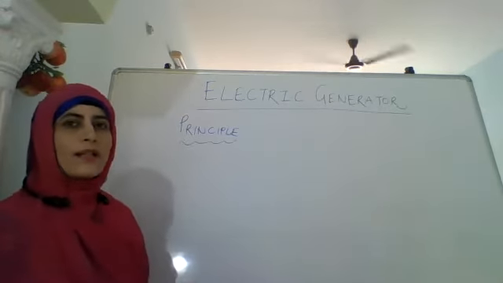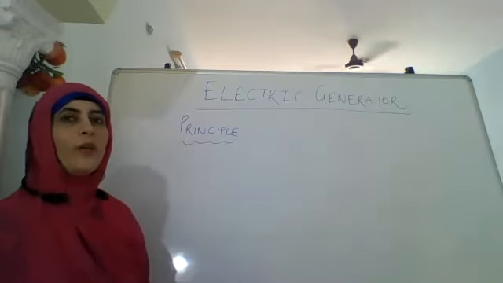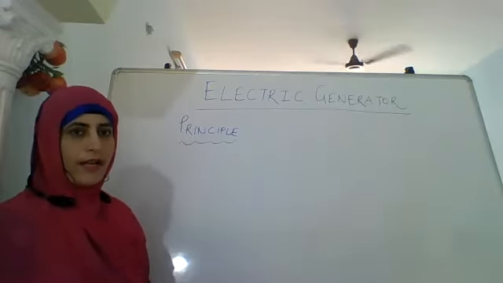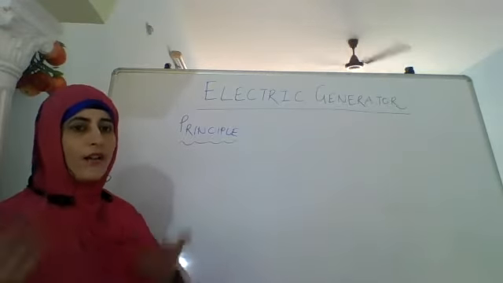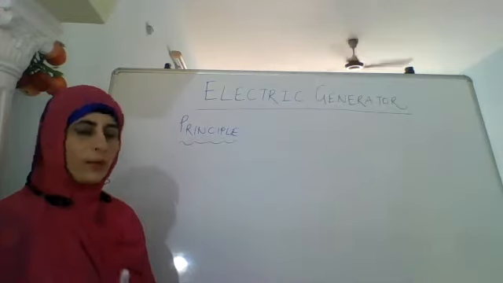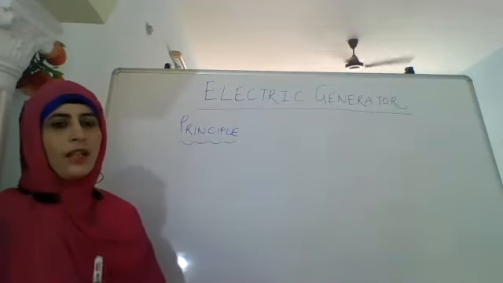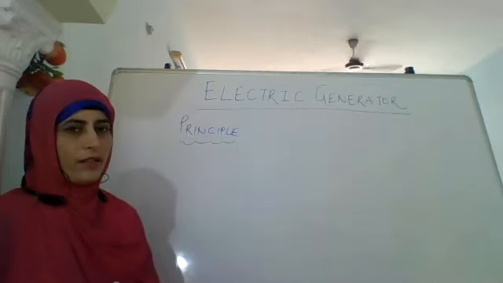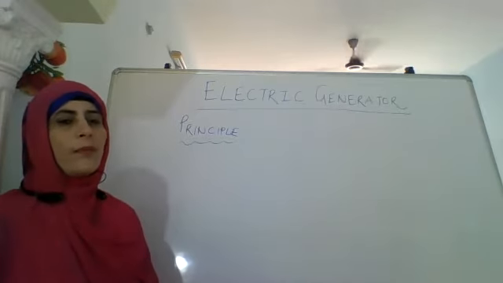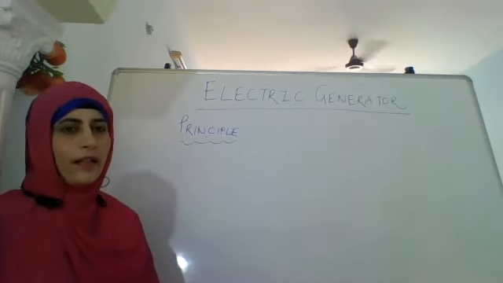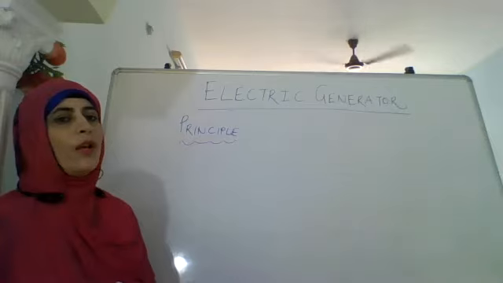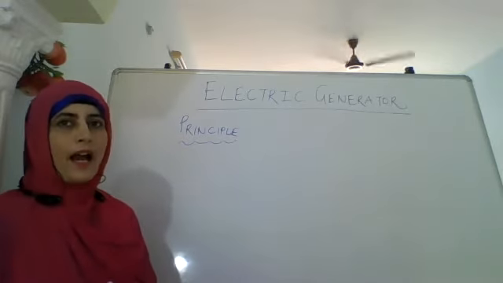It converts mechanical energy into electrical energy. That is why it is called a generator. It generates electricity. We use a generator when there is no light. So it converts mechanical energy into electrical energy, and it works on the principle of electromagnetic induction and also the rule, Fleming's right hand rule.